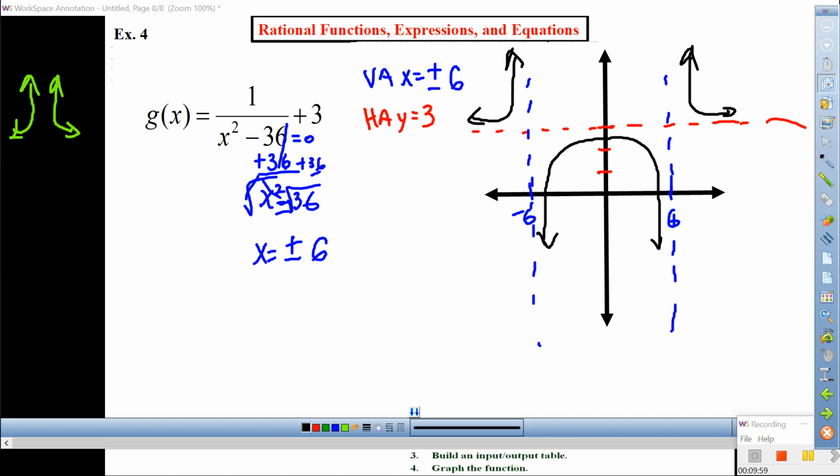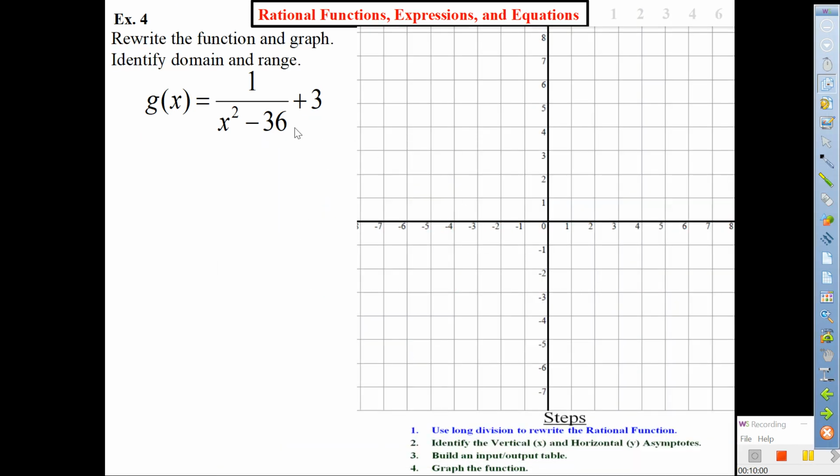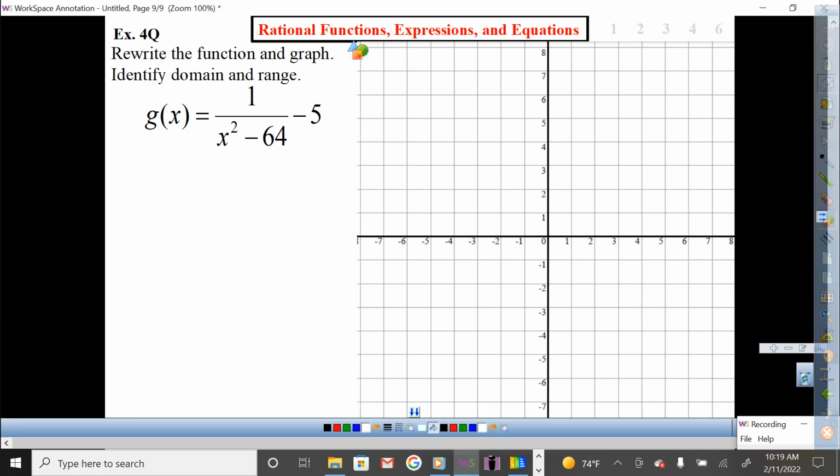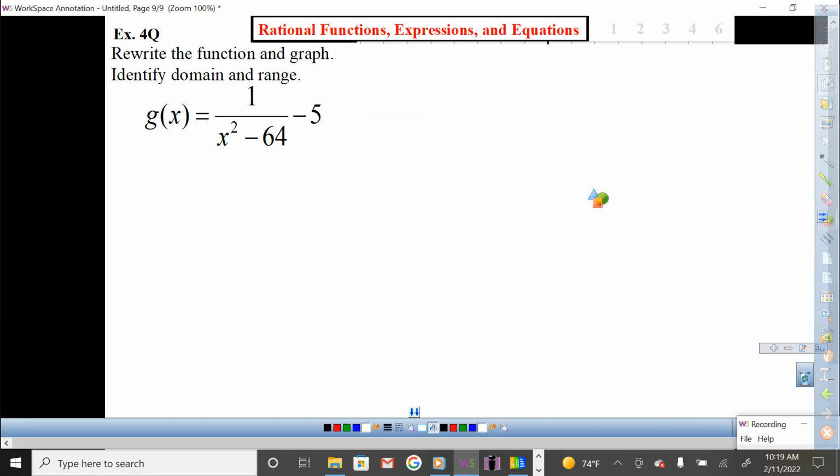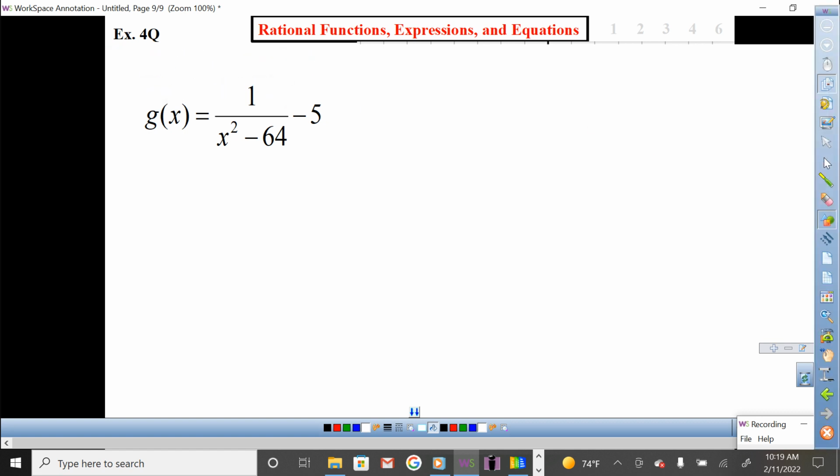Example 4Q, copy this. G of x equals 1 over x squared minus 64, and then at the end, minus 5. Graph that one. But before we graph it, look at the denominator.